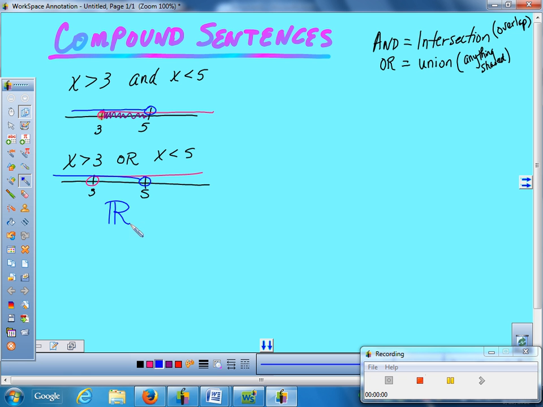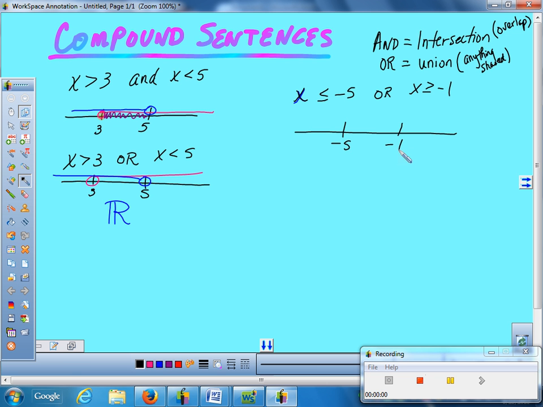Okay, so let me try a couple more on you here, see if you can figure out where your solutions will be. What if I gave you x is less than or equal to -5, or x is greater than or equal to negative 1? I would have negative 5 and negative 1. Which way would I be shading from negative 5?